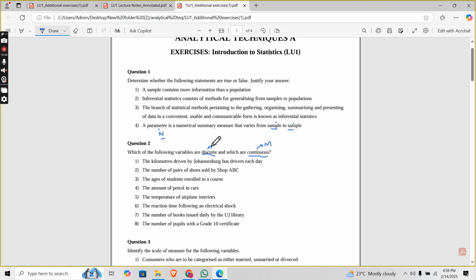For example, the number of students in a room, we obtain that number by counting and not measuring. We do not measure the number of students in a room, but we count them. For continuous, we obtain the data by doing what? By measuring. We do not count the temperature. We measure it.